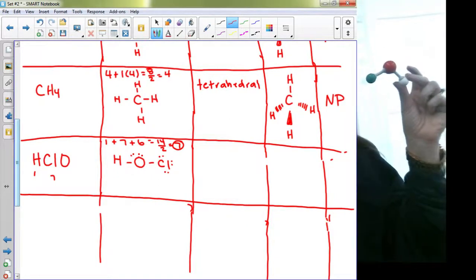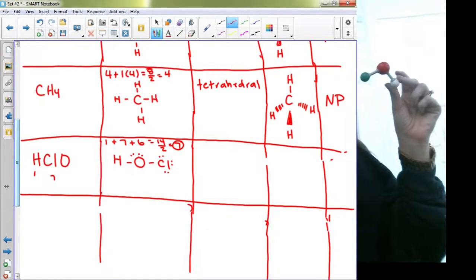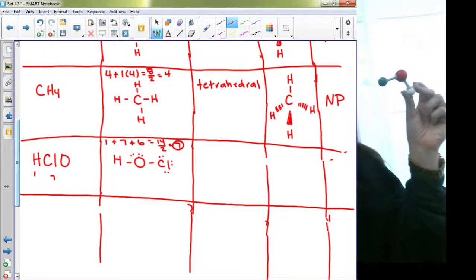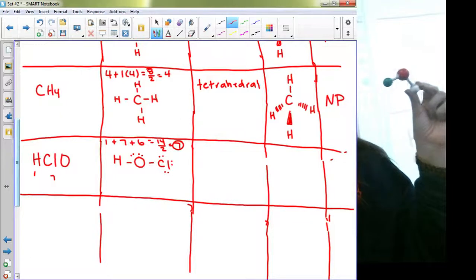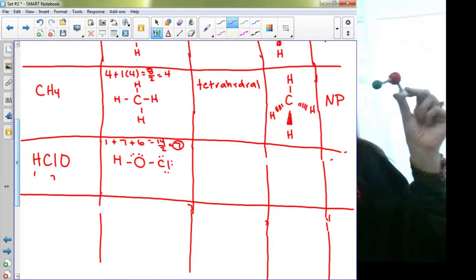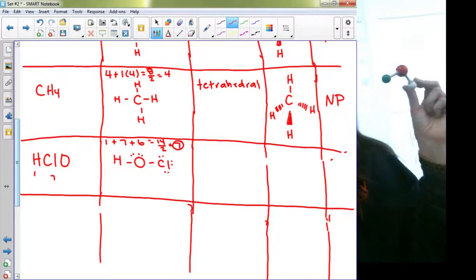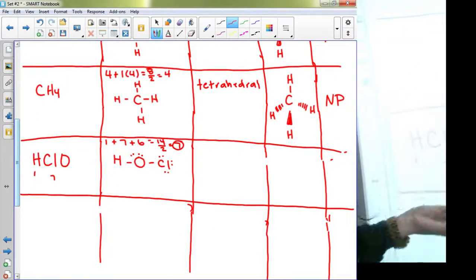All right, so there's my red oxygen in the middle, and then chlorine is green, and hydrogen is white. And what do I notice about my shape? It's bent, okay? It was in a line, but now it's bent. I drew it in a line, but now it's bent.